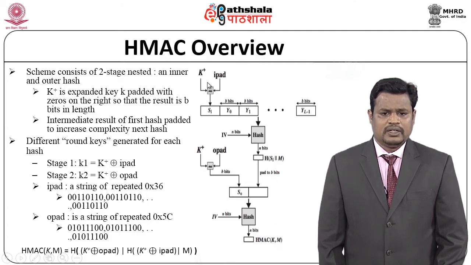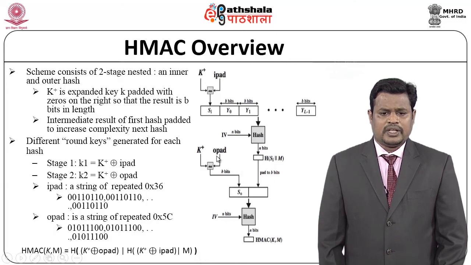Now we see that it is going to take the K plus and I pad XOR string, and give it to the hash function, and the hash value is going to be generated.